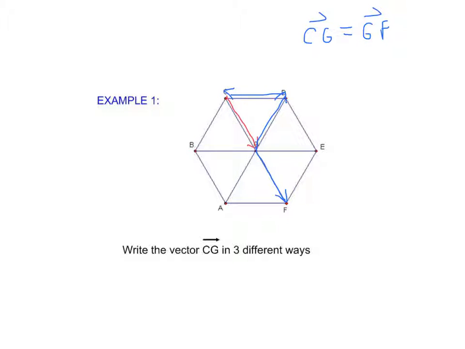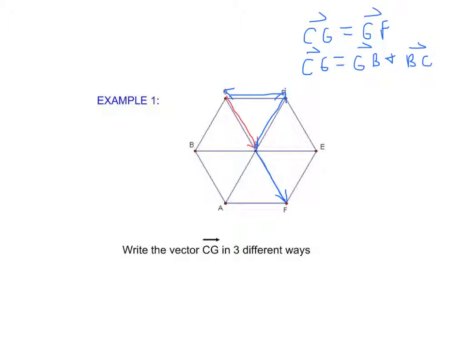The sum of those vectors from here to here and then from B back to C would be equivalent to vector CG because you would end up at the same spot. So vector CG is also equivalent to the sum of vector GB plus BC.